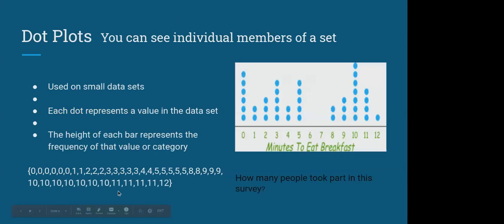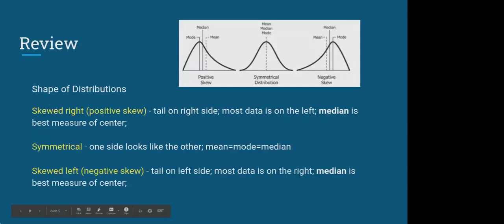A symmetrical graph is also called bell-shaped. Again, one side looks like the other, it looks like a bell. The mean, the mode, and the median are the same. So if you were asked what would be the best measure of center, you could use any of the three.